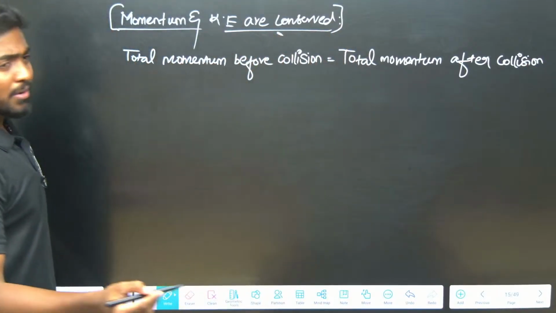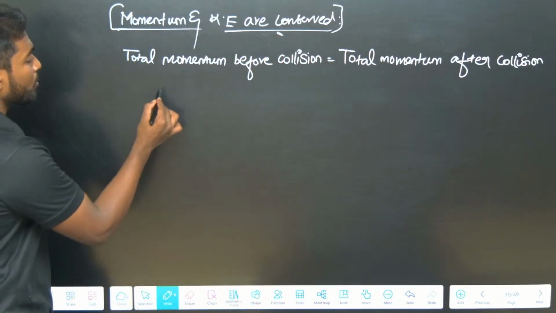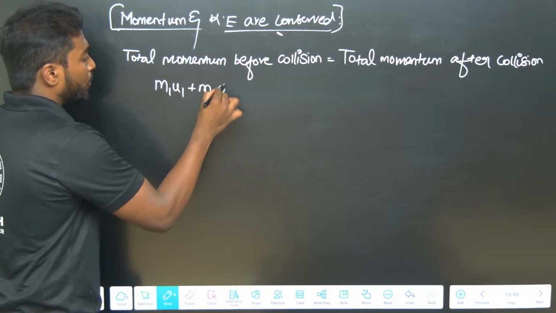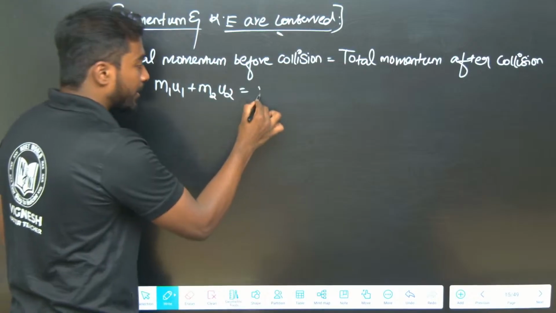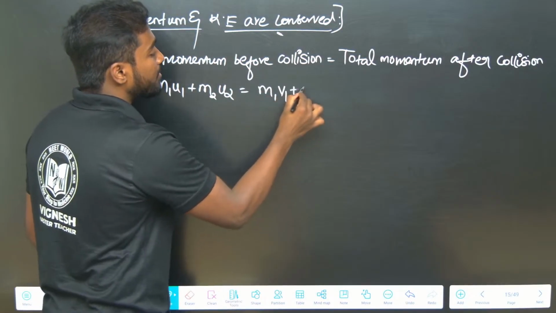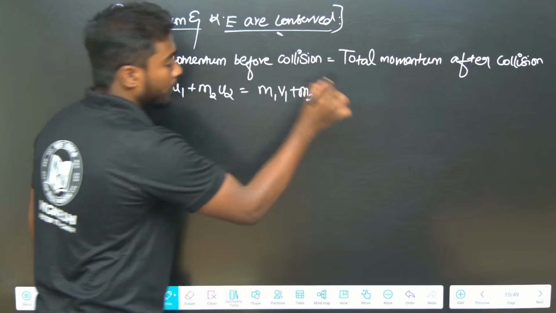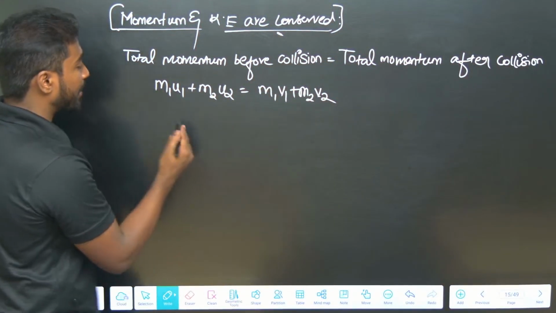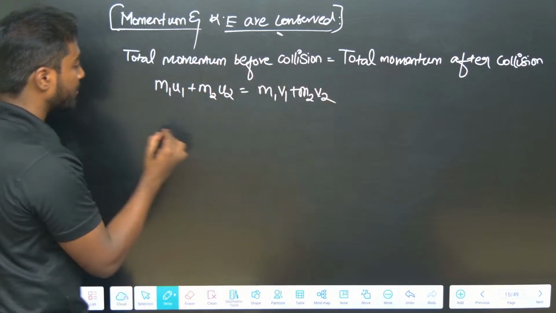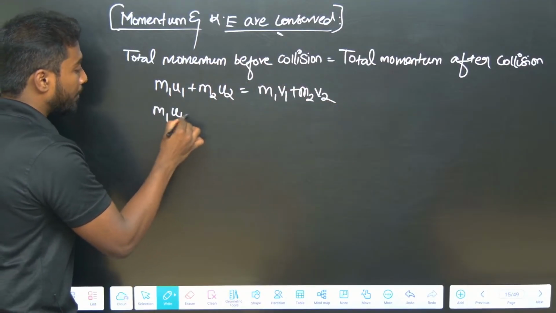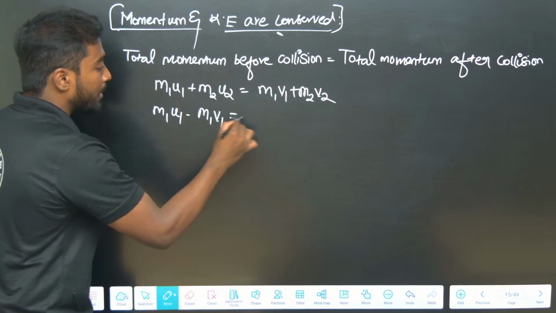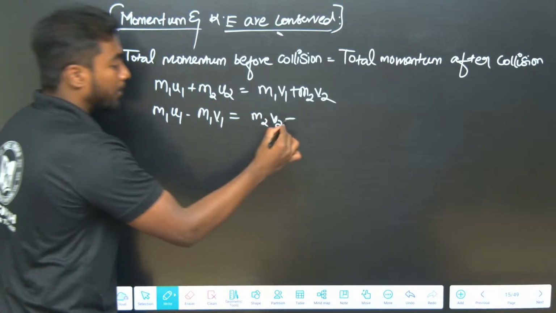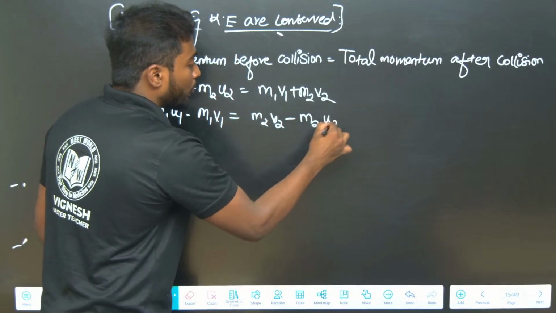Momentum formula is mass into velocity. So m1 u1 plus m2 u2 should be equal to m1 v1 plus m2 v2, right? Now I will take m1 terms on one side and m2 terms on the other side. m1 u1 minus m1 v1 should be equal to m2 v2 minus m2 u2.